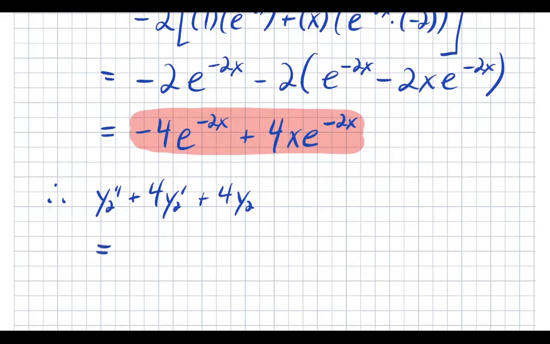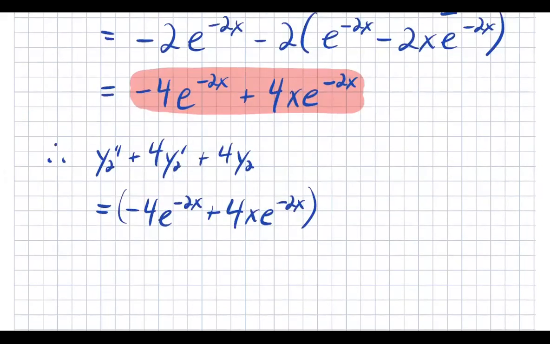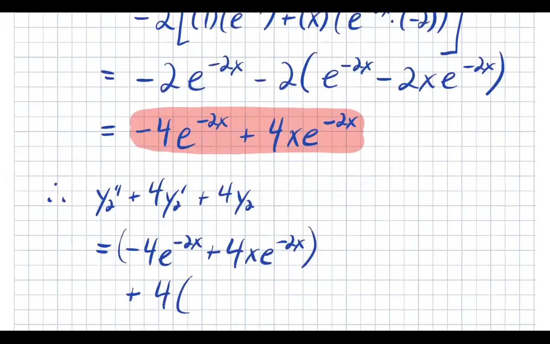So this first term, y2'', is going to be negative 4e^(-2x) plus 4x e^(-2x). So that is y2''. And then we will add to that 4 times y2'.